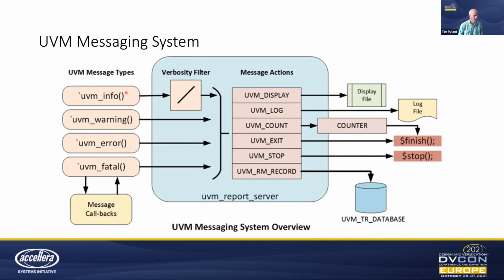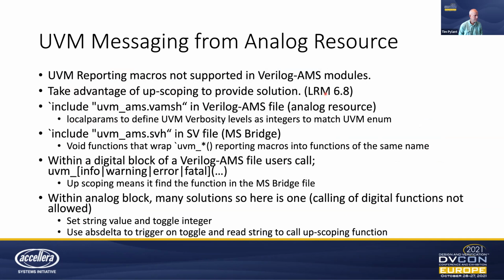So we have the UVM info, warning, error, and fatal that are all built in, that are all controlled with standard methodologies through the UVM report server. All this is standard UVM. And so we want to take advantage of that with the UVM-AMS.